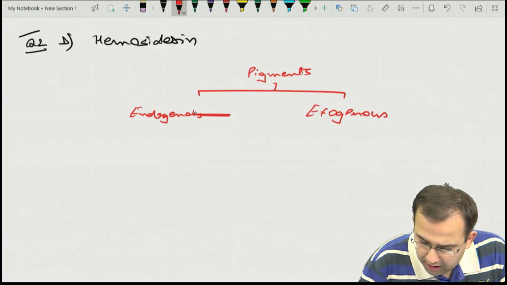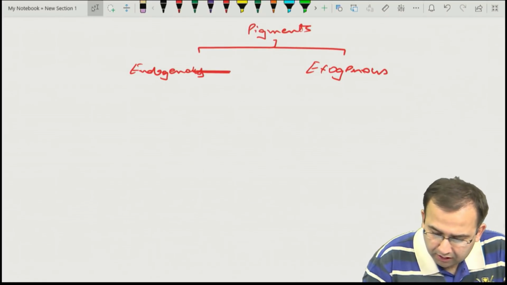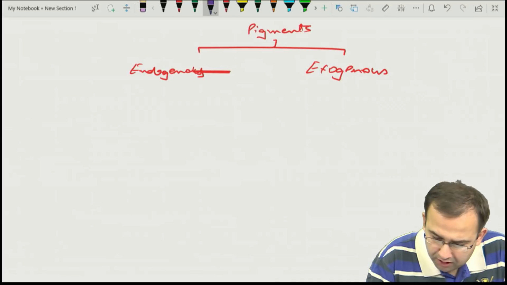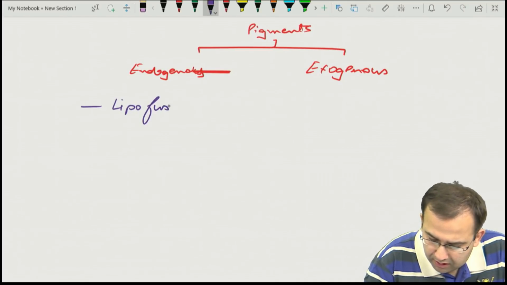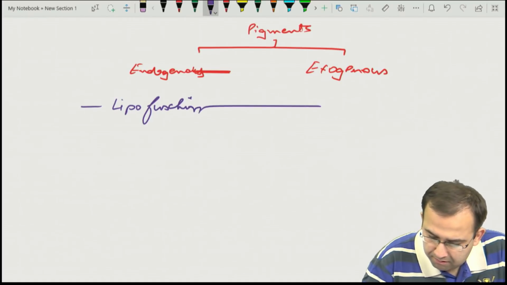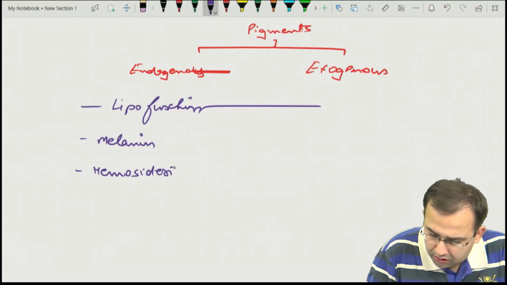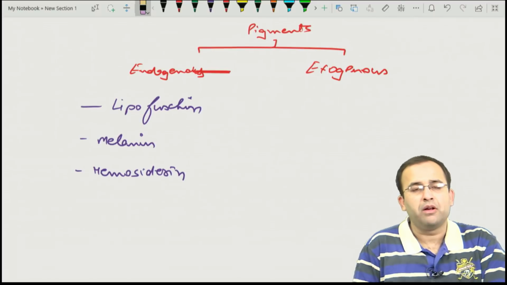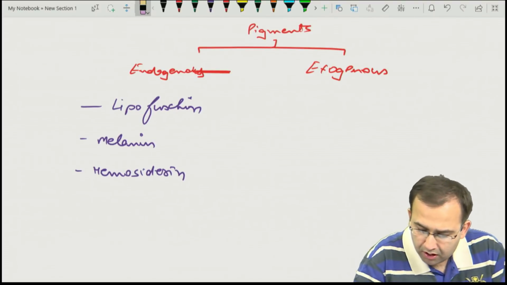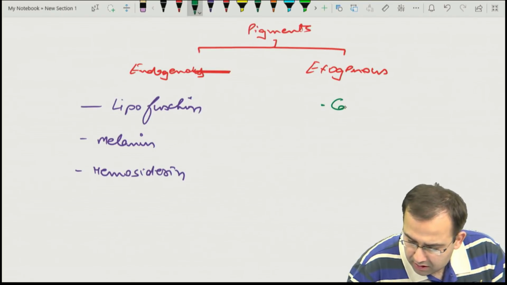The endogenous pigments are three, that is lipofuscin, melanin and hemosiderin, versus the main exogenous pigment, which is carbon.